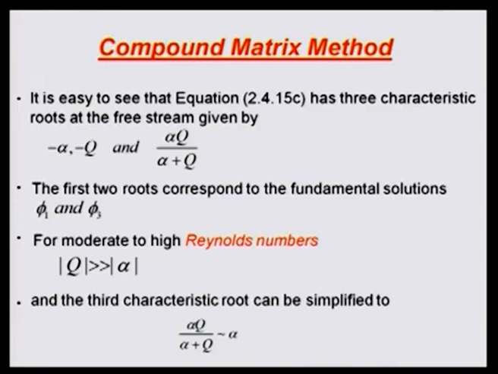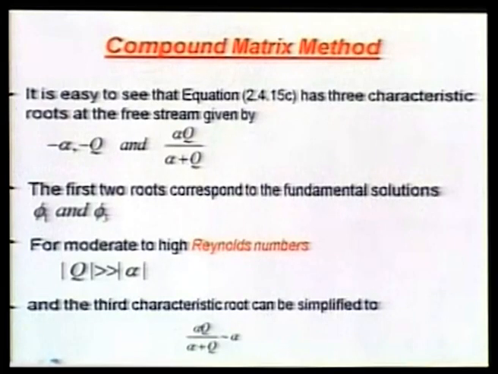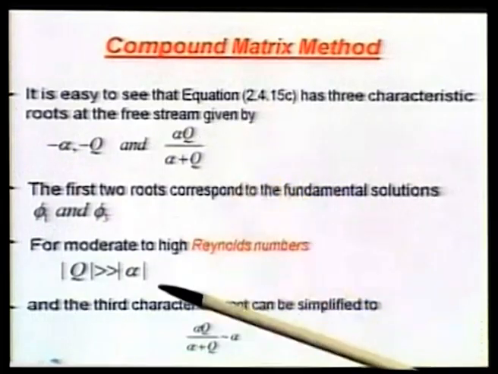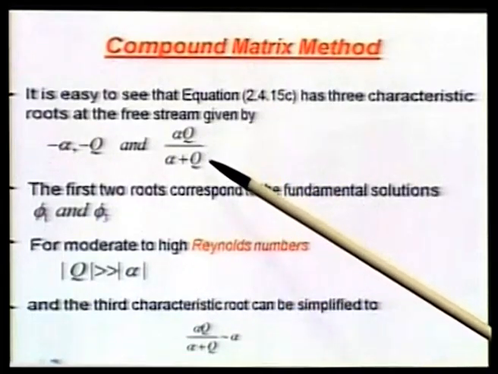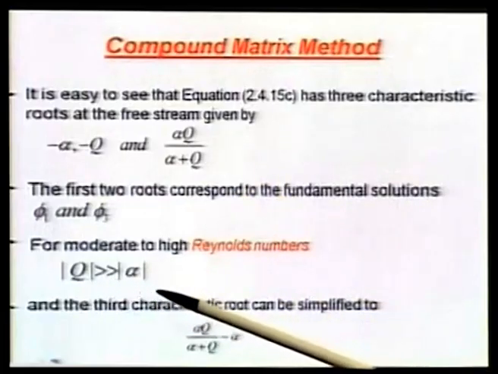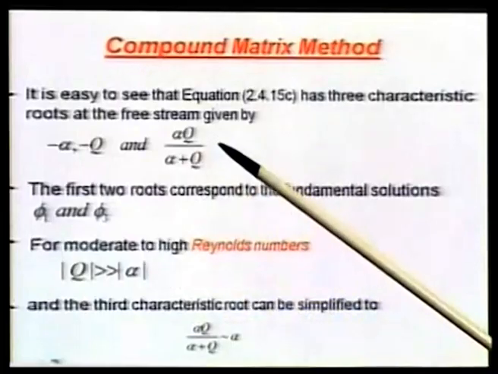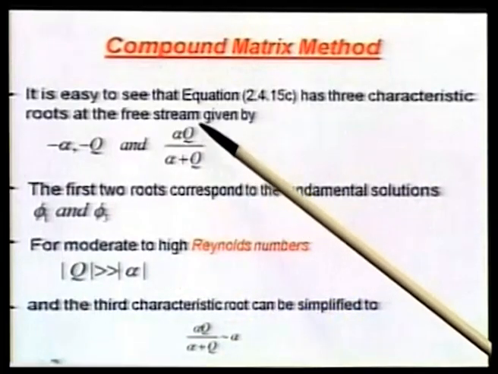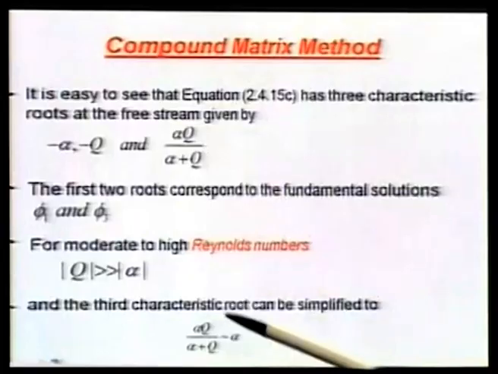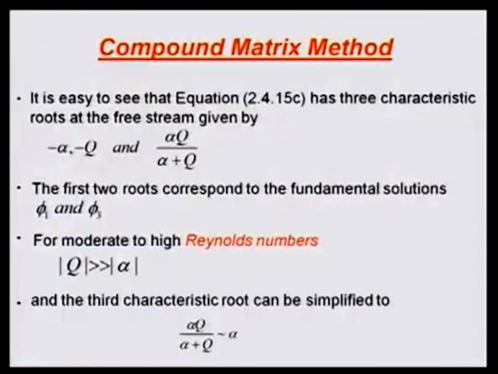It may look somewhat cumbersome, but you can reason it out that mod q is much greater than mod alpha. So, we can eliminate this in comparison to q, and then this q cancels, and this factor actually goes like this. So, by being a little careless, what we wanted to avoid, we have invited back through the back door. We get the third mode which we did not want.